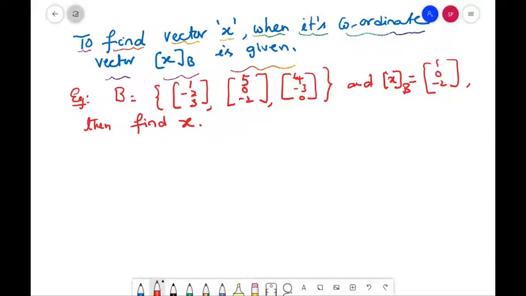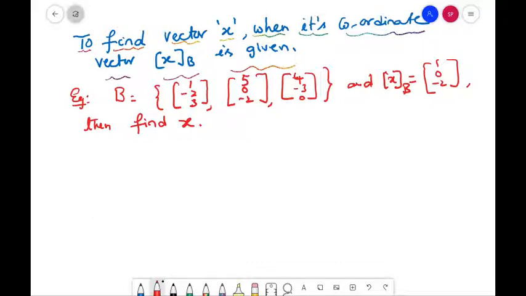Now our next problem is to find vector x when its coordinate vector is given. So here let us see this example. B is a basis given, that is 1, minus 2, 3, 5, 0, minus 2, 4, minus 3, 0, with 3 basis vectors, and you are given the coordinate vector of x with respect to B, that is 1, 0, minus 2. You have to find out x.